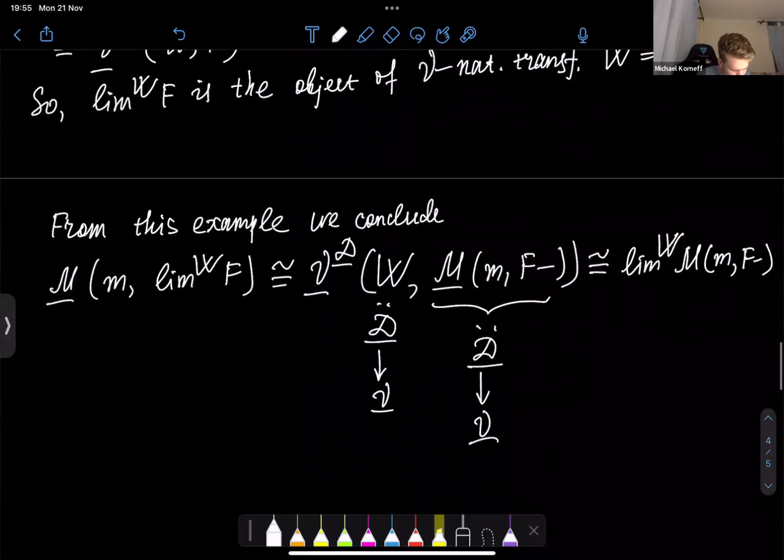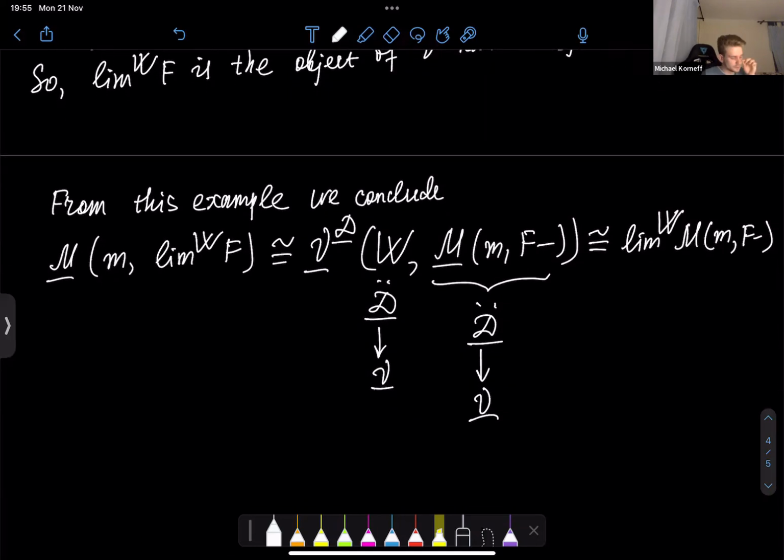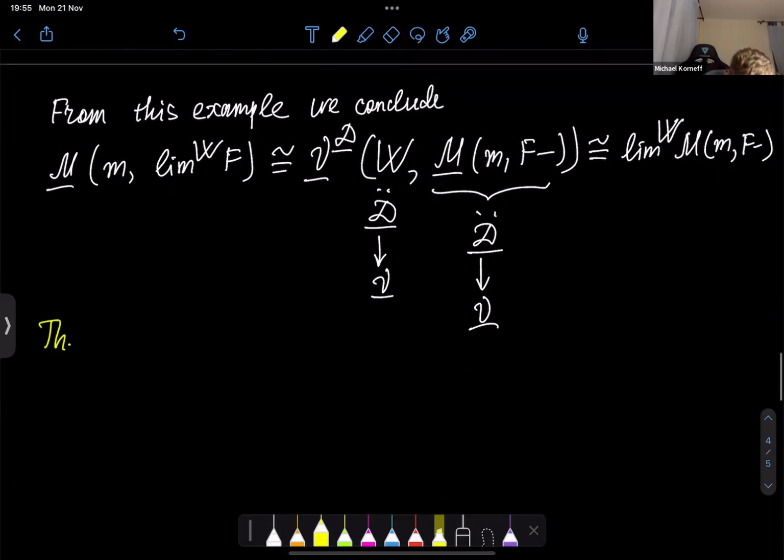Okay, and now I'll formulate and prove the following theorem, which tells that the weighted colimit and the enriched coend are the same, but the proof is the same.